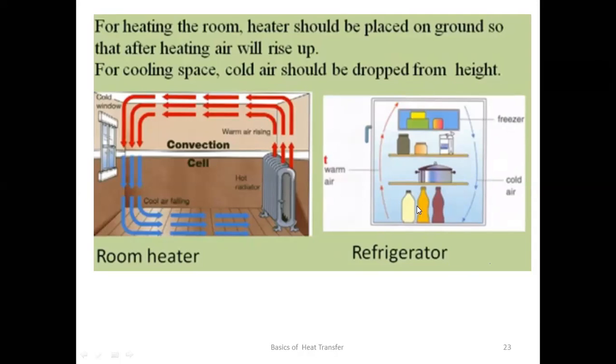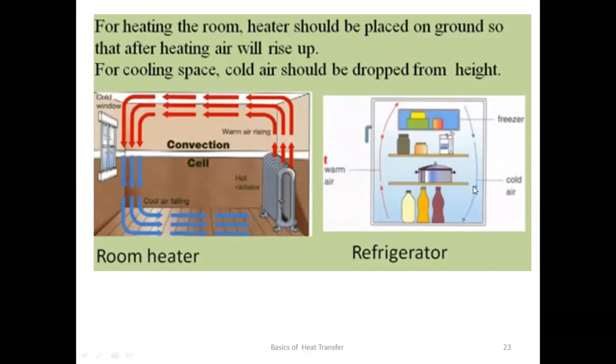These are the red lines and these are the blue lines. Here this is the warm or hot air, and this is the cold air.